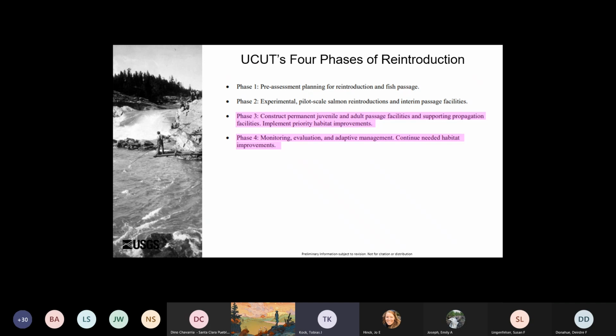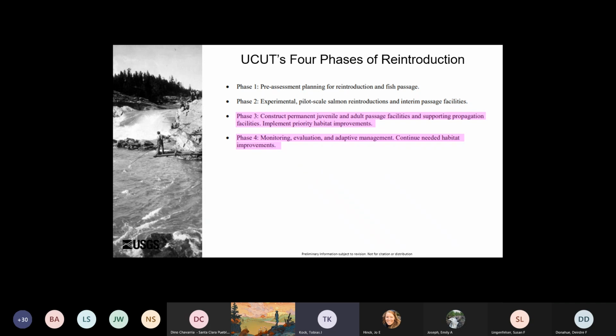And so that really wraps up kind of the phase one and the brief snippet into the phase two activities. Certainly those results, what UCUT learned in phase one, what we are learning in phase two, which again is expected to last for about 20 years, is going to inform how they will proceed into phase three and hopefully ultimately into phase four of this effort.